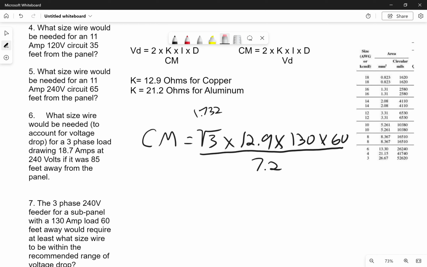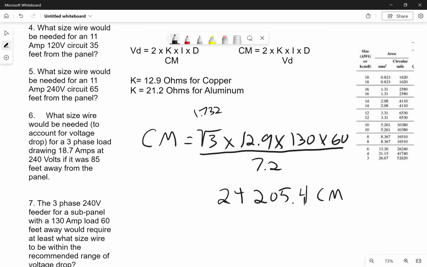Alright, so let's do the math. Square root of 3, or 1.732, times 12.9 times 130 times 60, 174,278 and some change. All that divided by 7.2 volts equals 24,205.4 circular mills.